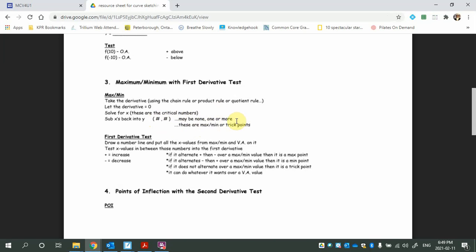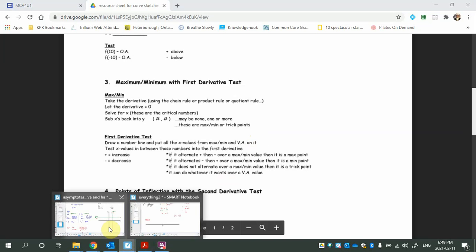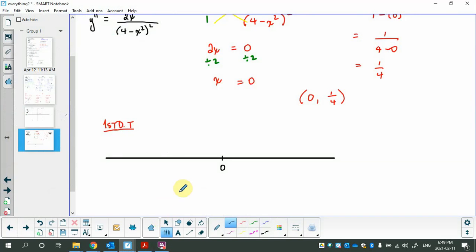Now here's the kicker with the first derivative test. Draw a number line. Done. Put all the x values from max-min on the number line. Not new. New: the vertical asymptotes. So you have to put the vertical asymptotes on. So if you were previously excited about the fact that, oh, I just have to put a 0 on and I can test over here and I can test over here, no. Sorry about that.